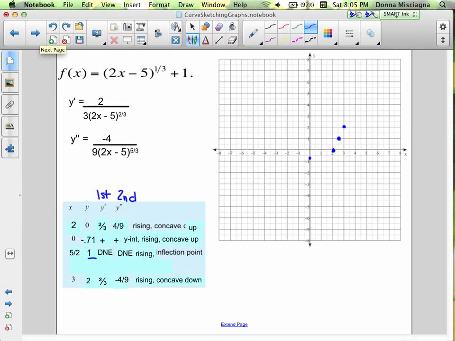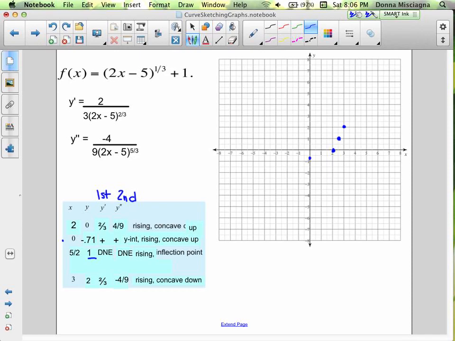And then we get to 0, negative 0.71, so that's actually the lowest value. All right, so here's our lowest value. 0, negative 0.71. First derivative is positive. Second derivative was positive. All right, so that is a y-intercept, rising, concave up.